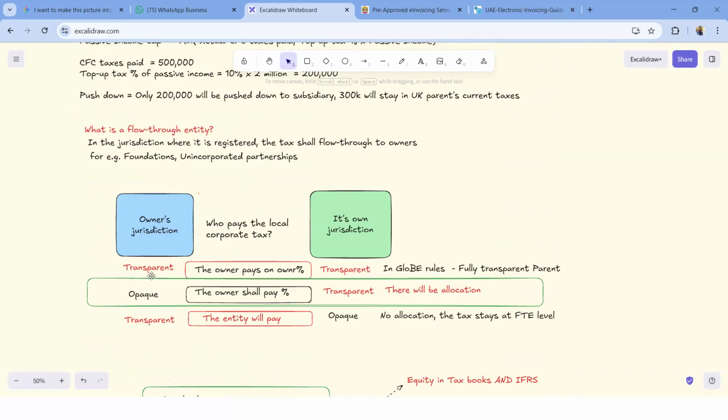If it's a fully transparent entity, then it's okay. The owner will pay the top up tax. But if it is not fully transparent, if it is opaque in one and transparent in the other, in either case, then these, my dear friends, are stateless entities.